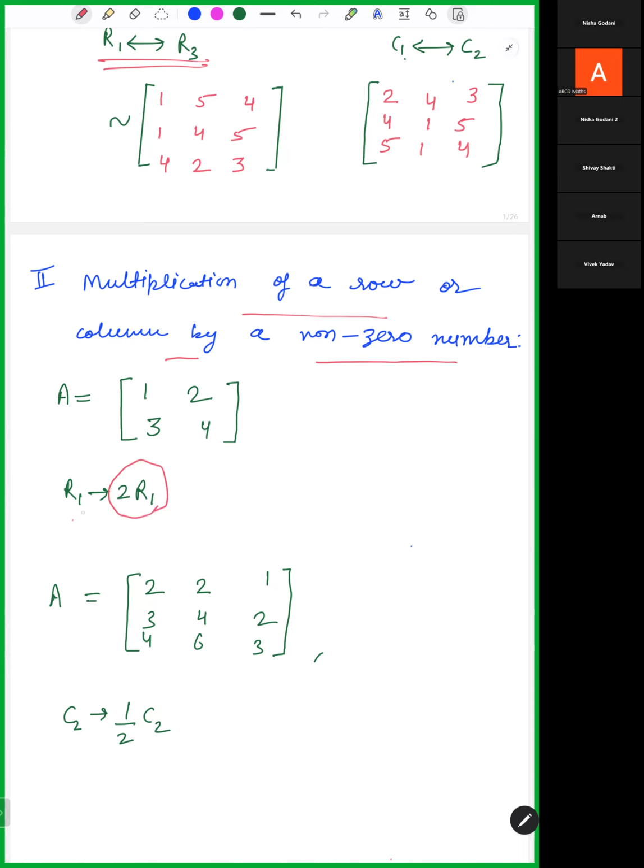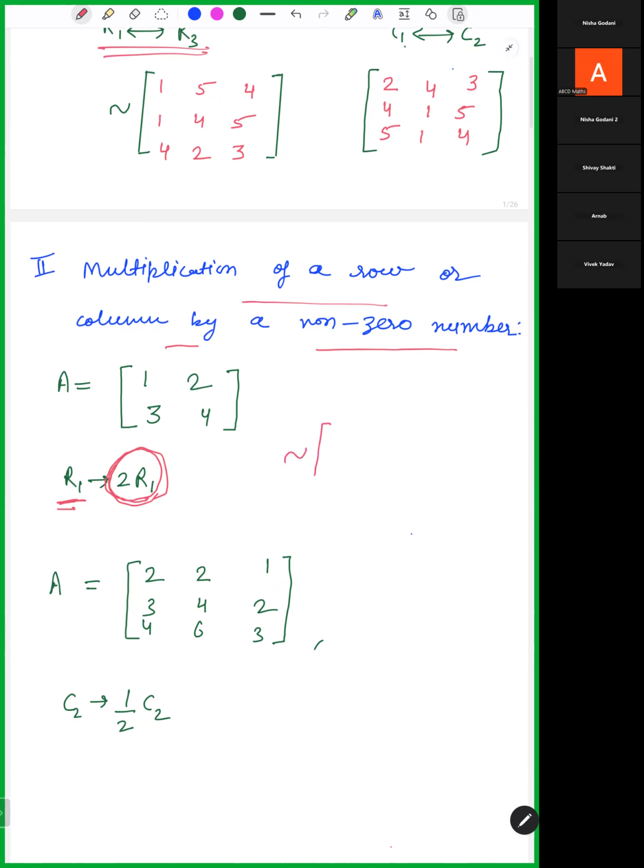R1 arrow 2R1. This R1 indicates that you are going to apply the operation in R1, and what you are going to do is double this row R1. So after this, what will you have? You have 2, 4, 3, 4. The second row will be as it is, and the first row will be doubled.